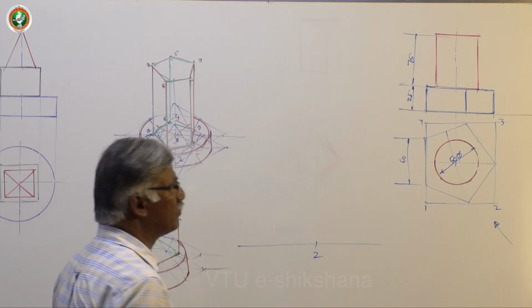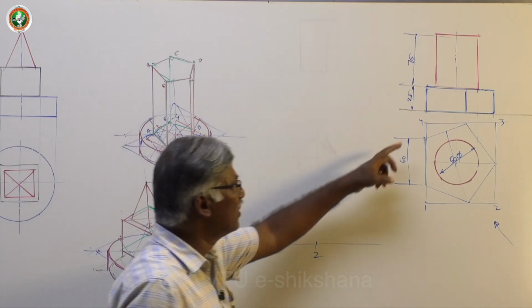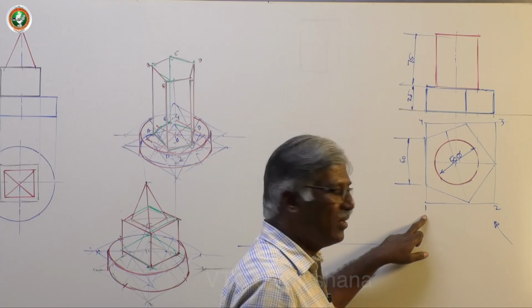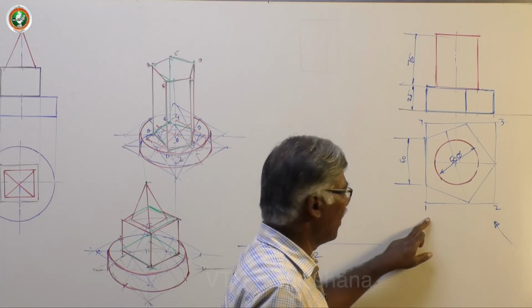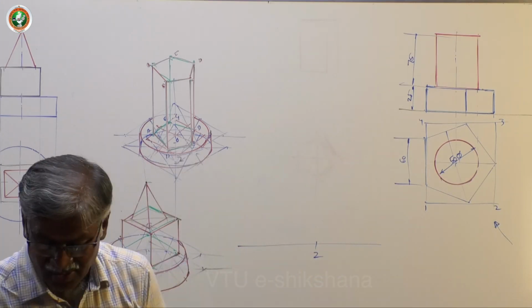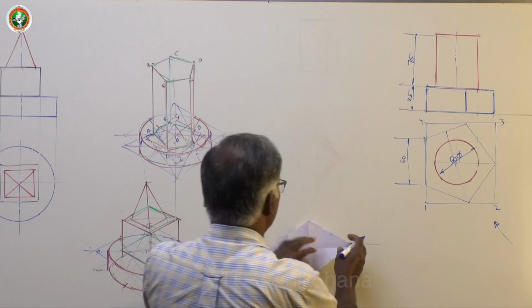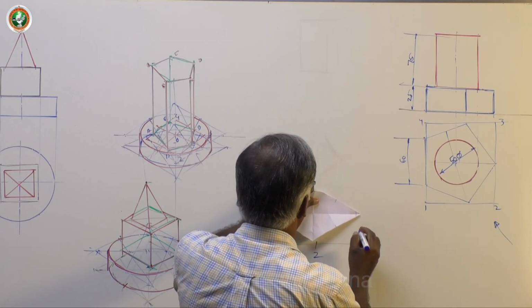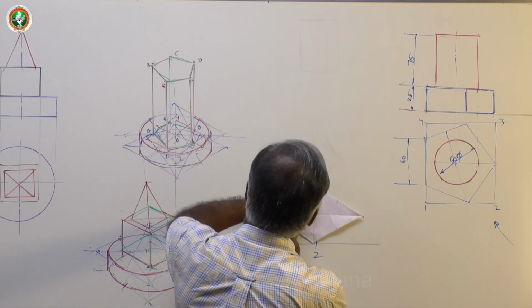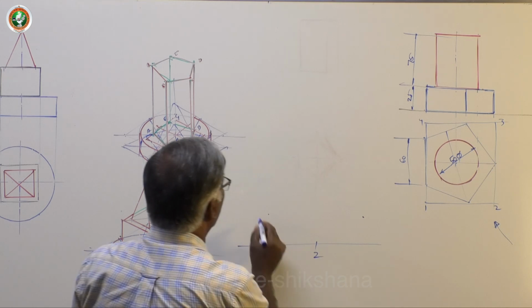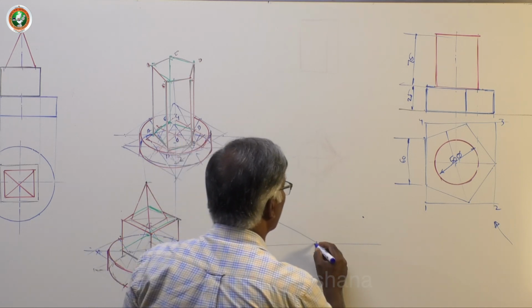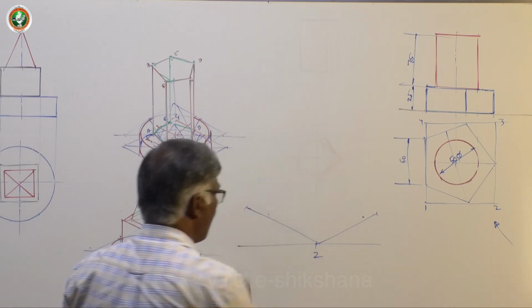Okay, so this is 2. As per this figure, this is of larger length and this is of smaller length. Now take it on the 30-degree line. This is of bigger length, that is 1, 2. This is of the smaller one. Okay.